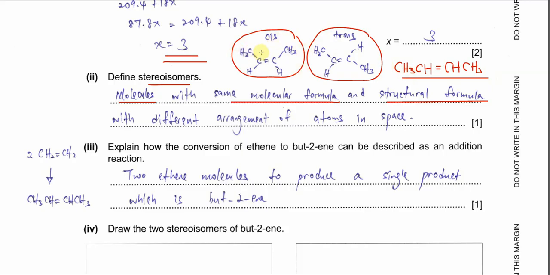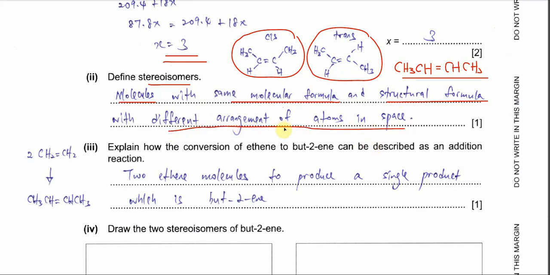The CH3, which is the larger group, can be on the same side. And if the CH3 groups are on different sides, this is a trans isomer. So we say that the molecules have the same molecular formula and structural formula, but must be different in the arrangement of atoms in space.